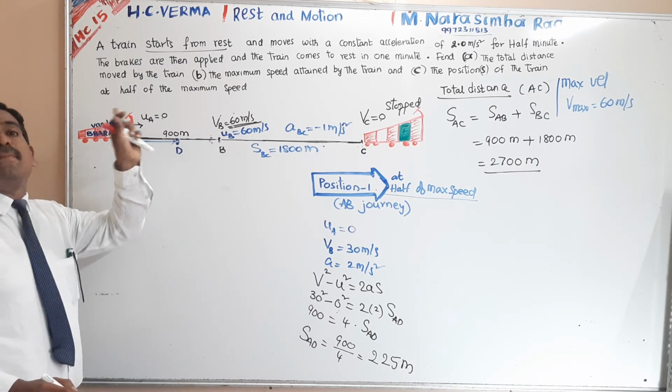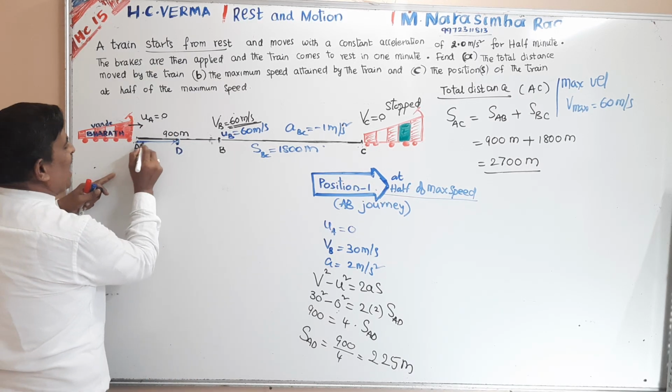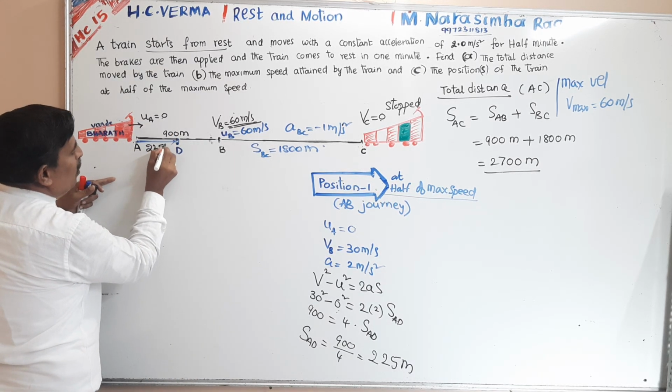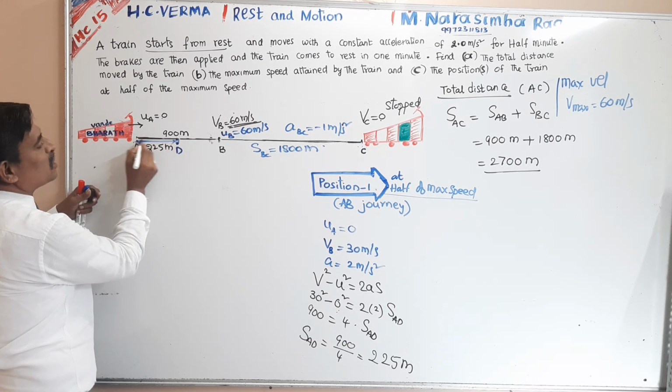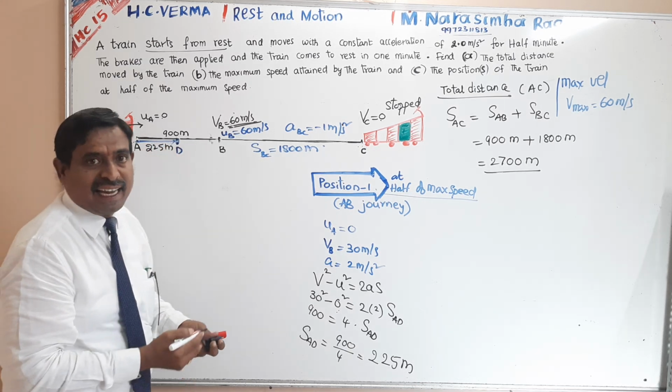At half of the maximum speed, the train is 225 meter from the starting point, that is at D.